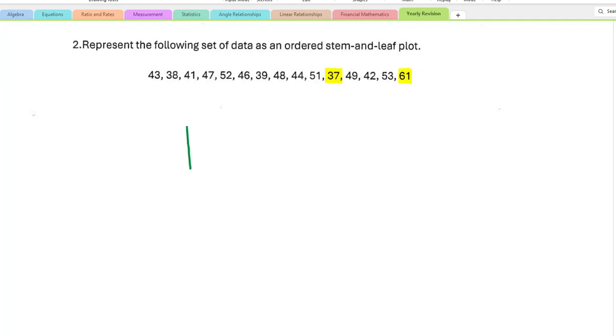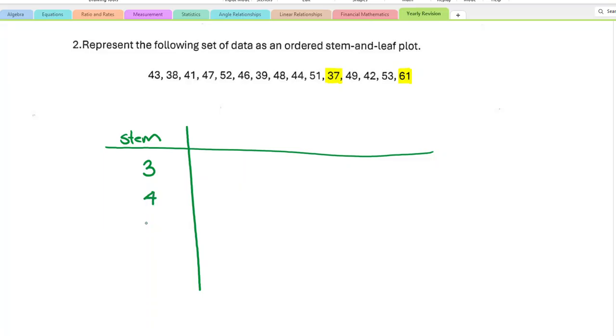That tells me that I need to have stems that go from the 30s all the way up to the 60s. So 30s, 40s, 50s, 60s. So 3, 4, 5, 6 is the tens digit. And then on the other side, we do the leaf, which will be the ones digits.